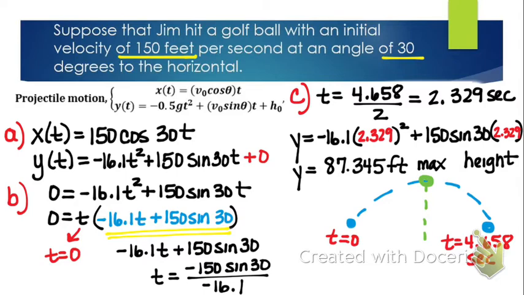Now to figure out for part D, it says, what is the distance? So it's asking you, this is where it started, this is where it landed, what's the distance? So the distance, that's going across. So I need to know the distance at 4.658. So what parameter is going to give me the horizontal distance?